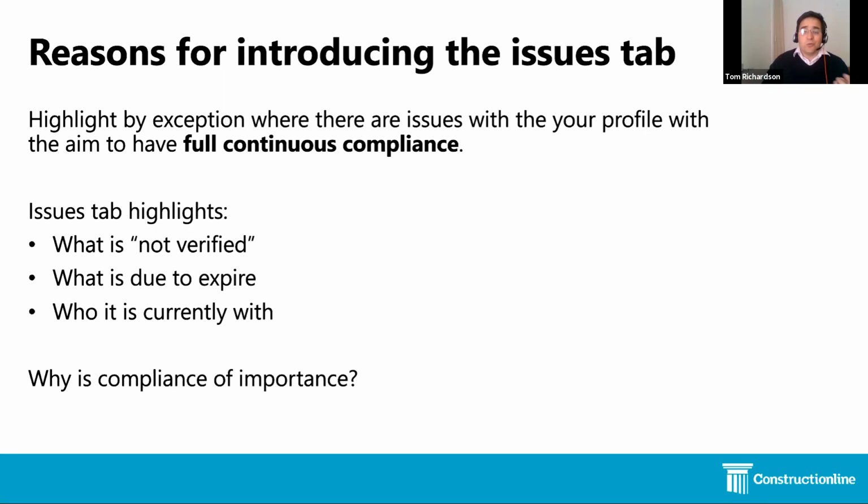And that's something the buyer can also view. So the main contractor, when they're looking at your profile, will also understand which side it's with to complete. That's proven to be of huge value in terms of clarity of where you are on that journey to get compliant. So what we're going to touch on now is why compliance is of importance.